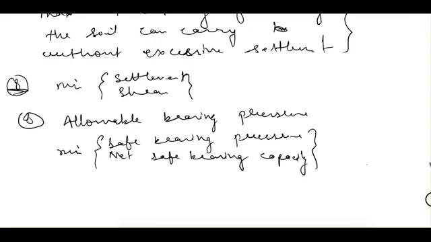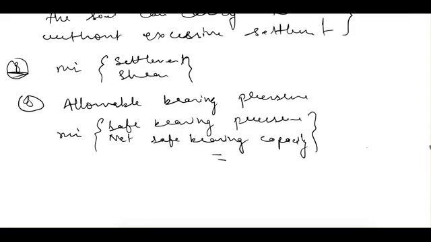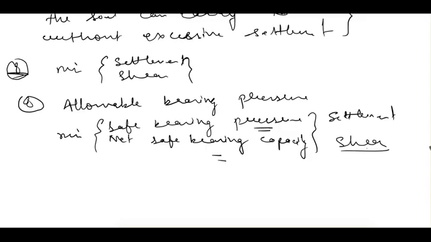So we'll take the minimum intensity or capacity of these two, from the settlement criteria and from the shear criteria, and we'll use that as our allowable bearing pressure. That is also used by the IS code, and it is called allowable bearing capacity.